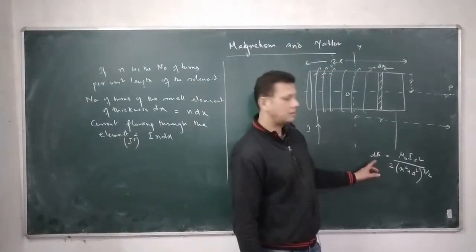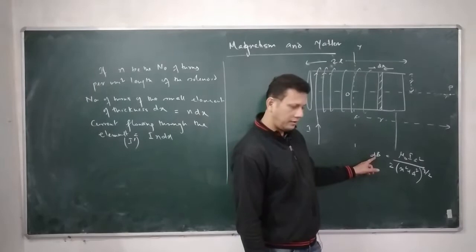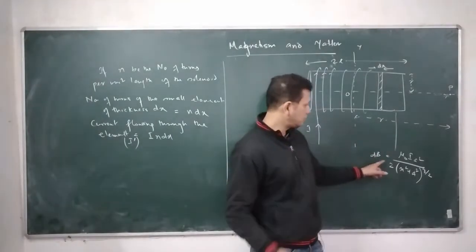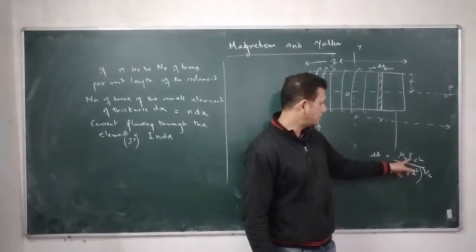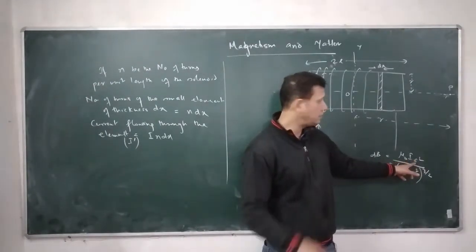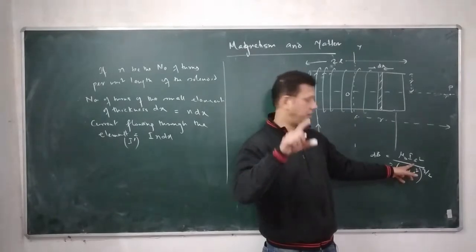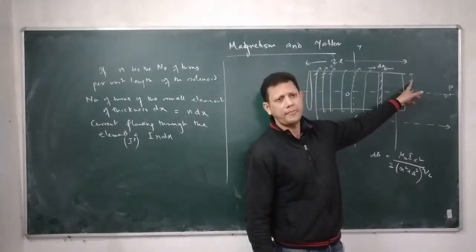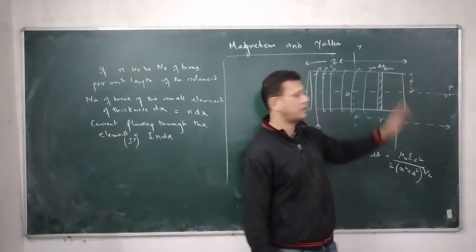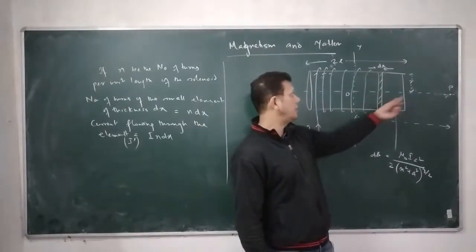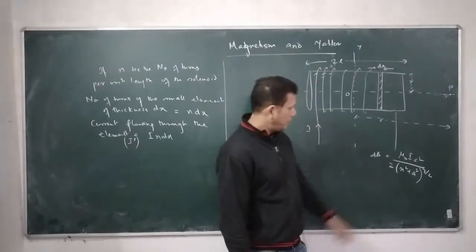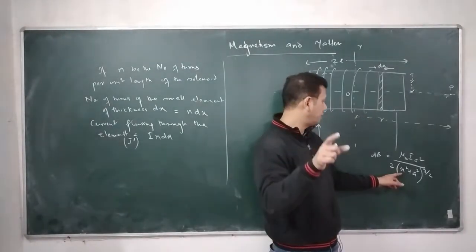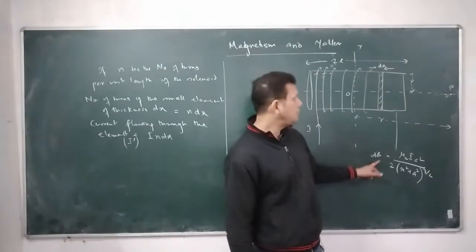And this equation shows that the magnetic field at any point on the axis of a circular current carrying loop is always given by this formula, where I is the current flowing through the loop, a is the radius of the loop. Remember, a is the what? Radius of the loop. In this case, the radius is how much? r, because the whole solenoid has a radius r. This loop will also have a radius equal to r. And x is the distance of the point at which we are finding the magnetic field from the loop.